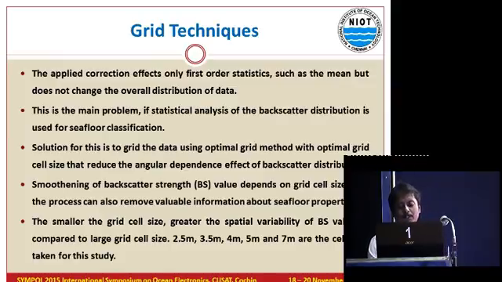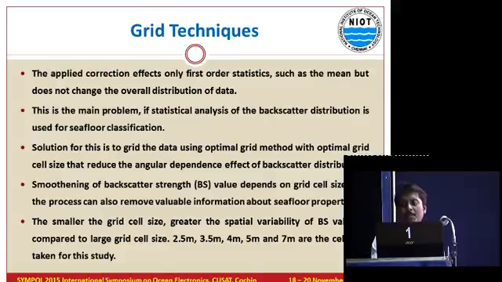So the statistical distribution for classification is a problem. The solution for this is to grid the data using an appropriate method and cell size. So smoothing of classification value depends on grid cell size, and the process can also lose information about the property.